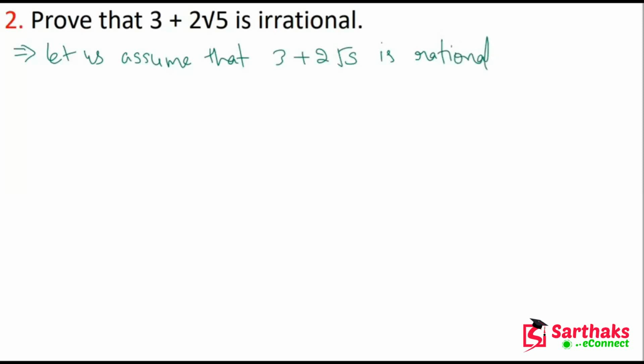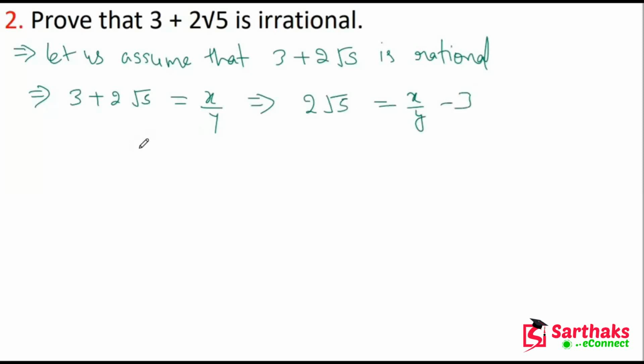Then we can find co-prime x and y such that 3 plus 2 root 5 is equal to x upon y. Now we are rearranging: 2 under root 5 is equal to x upon y minus 3.